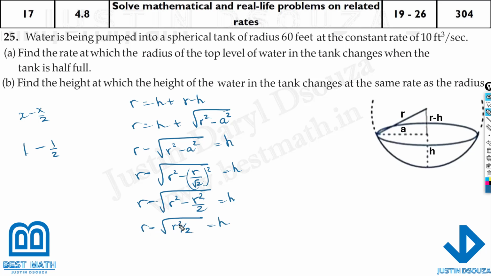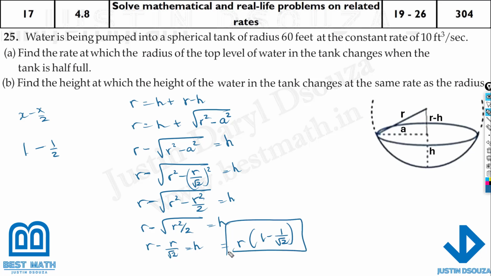The above term will be r and the below term will be root 2. So again, r minus, not equal to, it's minus r divided by root 2 will be equal to h. Or we can take the r outside as common, so h will be equal to r into 1 minus 1 by root 2.